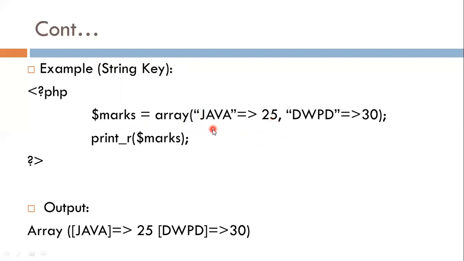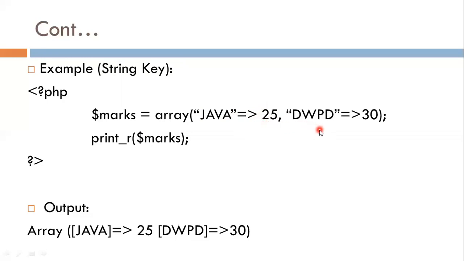Here I write one subject, Java, which is a string. So this key is written between double quotation marks, then equal-to-greater-than sign, then the marks.